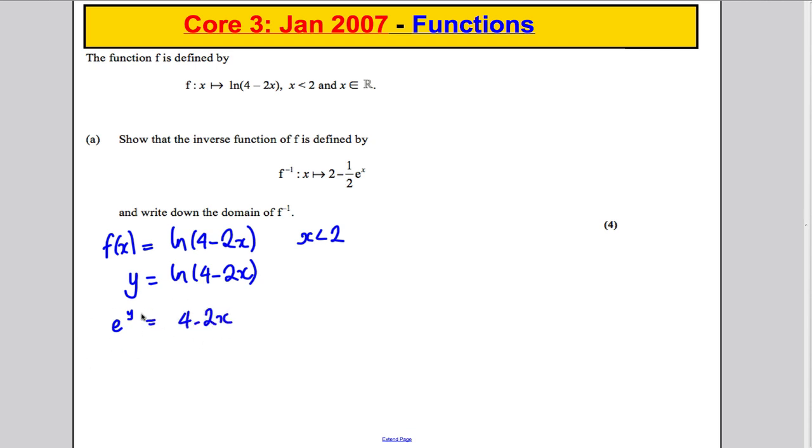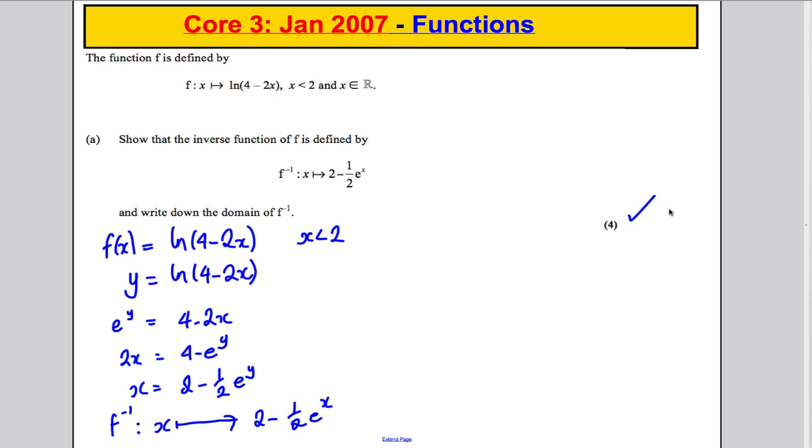I'm going to add 2x to both sides and subtract e to the y, so 2x is 4 subtract e to the y, and therefore x is going to be this divided by 2, so it's going to be 2 subtract a half e to the y. So therefore f to the minus 1 of x takes a value x and works it out as 2 subtract a half e to the x. That's what you were after.